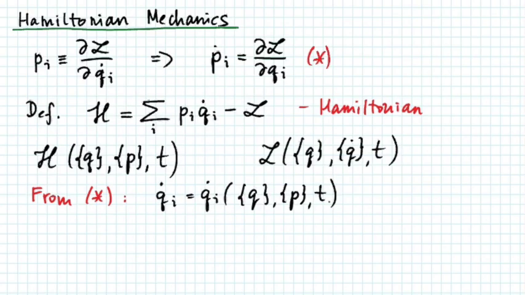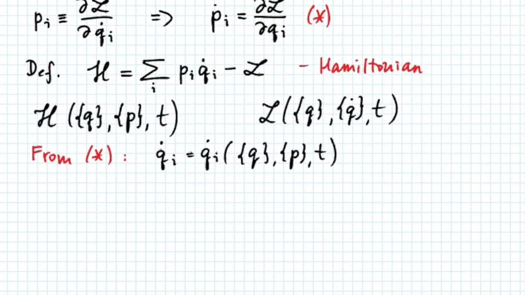In other words, our dynamic variables are generalized coordinates and momenta. So let's rewrite equation of motion in terms of new pair of variables, generalized coordinates and generalized momenta, as opposed to generalized coordinates and generalized velocities.